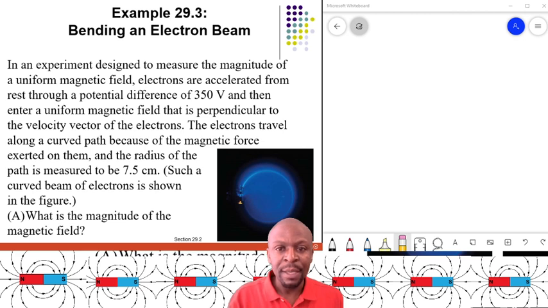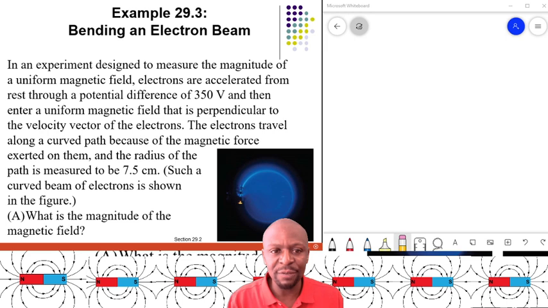Right, let us also do an example of bending an electron beam. In an experimental design to measure the magnitude of a uniform magnetic field, electrons are accelerated from rest through a potential difference of 350 volts and then enter a uniform region of magnetic field that is perpendicular to the velocity vector of the electrons.